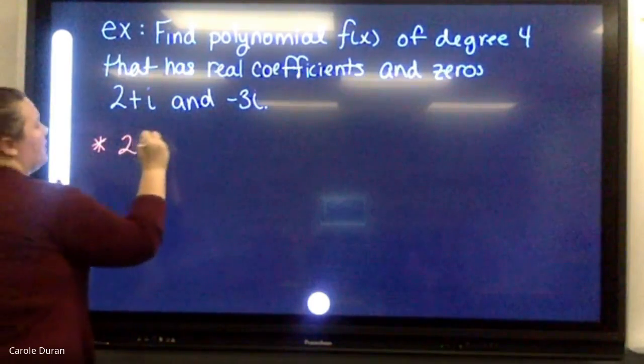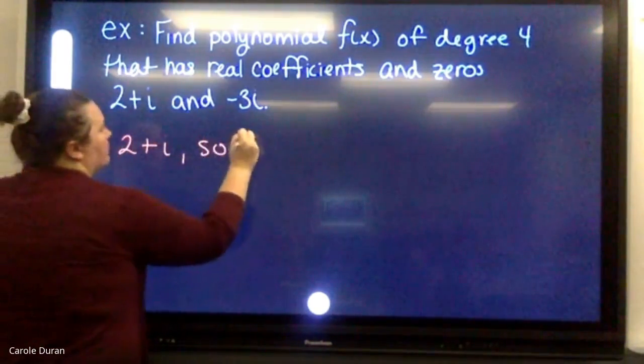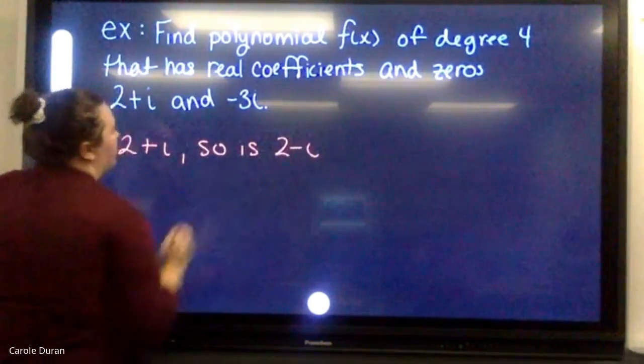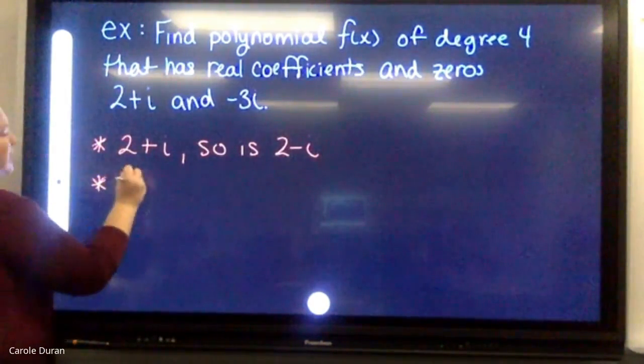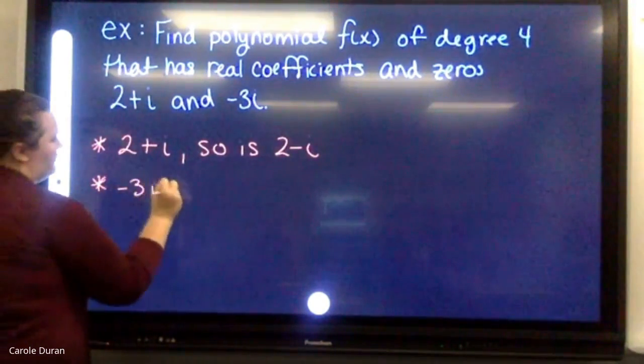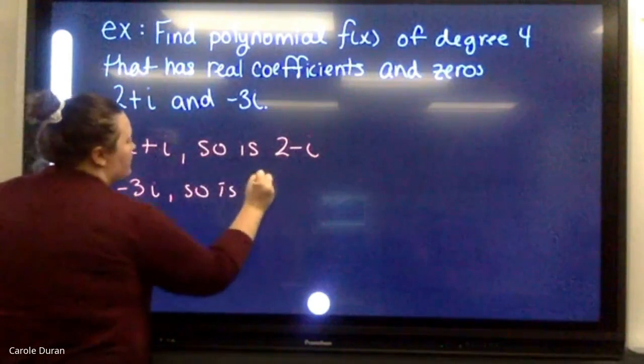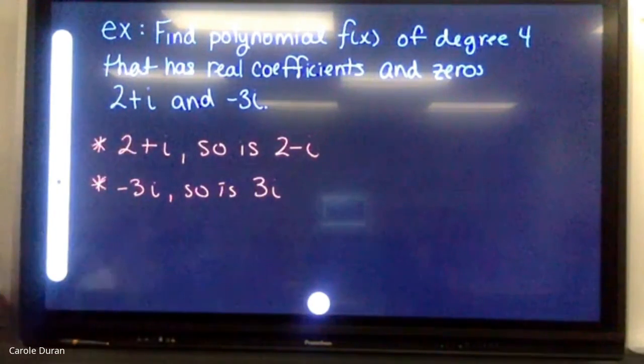So because 2 plus i is a 0, so is 2 minus i. And because negative 3i is a 0, so is positive 3i. I now have 4 zeros. They're all complex, but I still have 4 of them. And from here, I can build my polynomial.